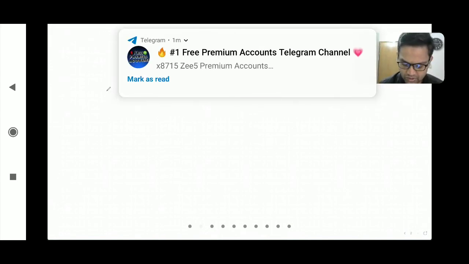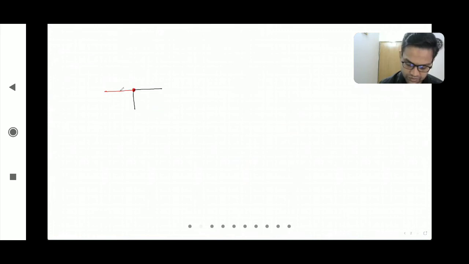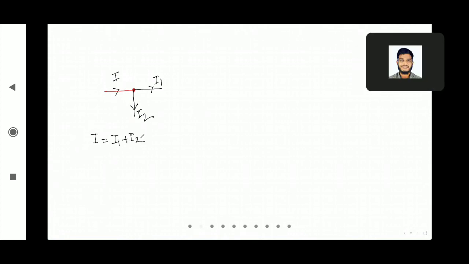According to Kirchhoff's current law, if you have a junction of current flow, where the current is I, and there are I1 and I2, let's say this is the junction, then according to Kirchhoff's law, I equals I1 plus I2. That means incoming current.